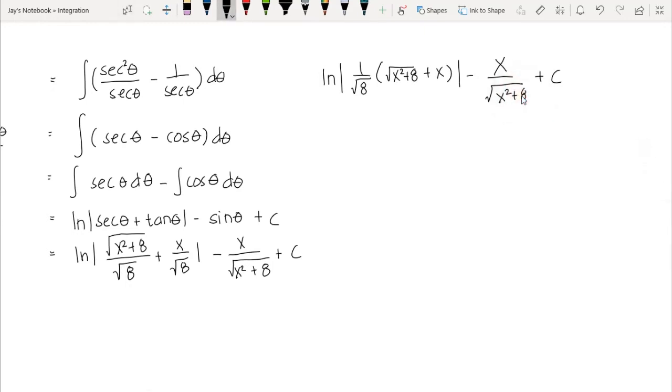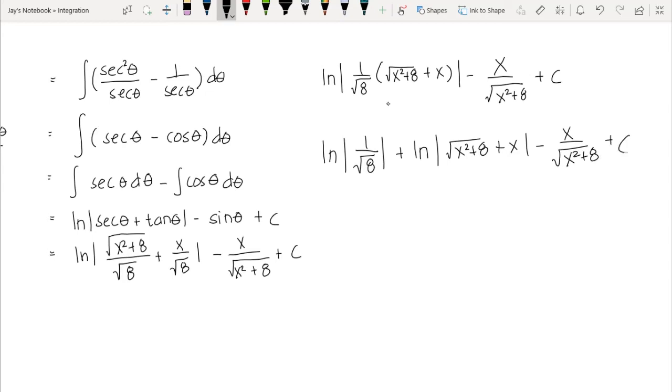Okay, again, we can break this into 2. That is, we have the natural logarithm of 1 over square root of 8. Then we have plus the natural logarithm of square root of x squared plus 8 plus x minus x over square root of x squared plus 8 plus c.